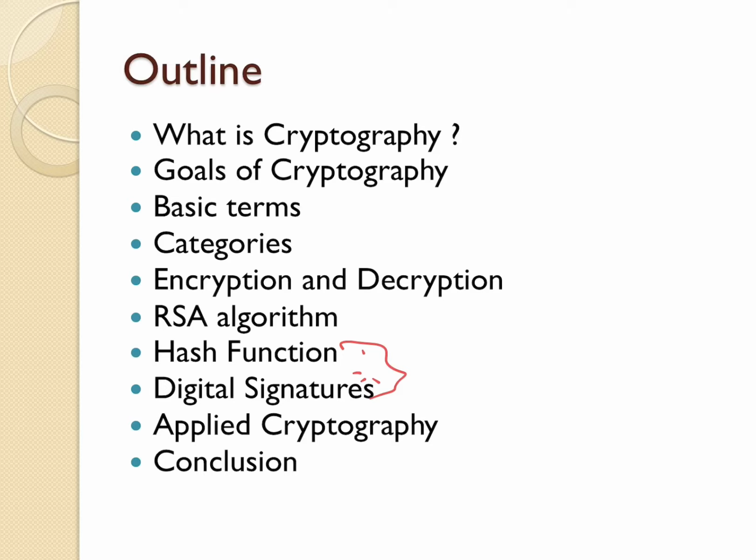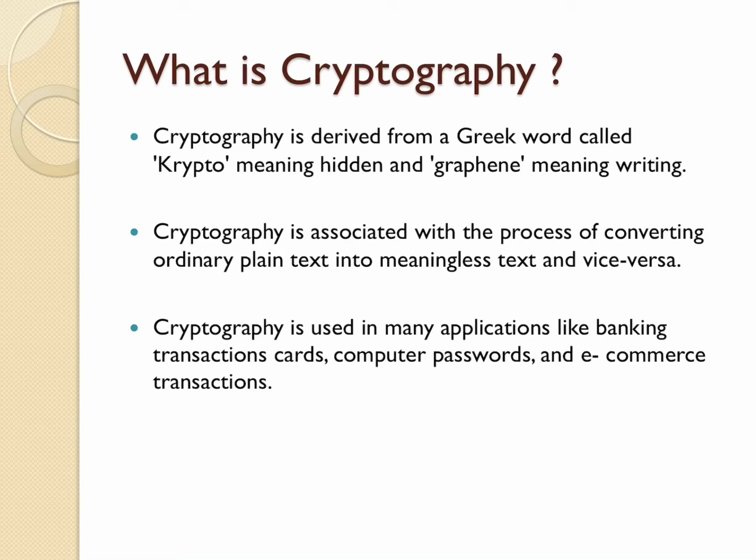I will tell you in this section. Next we are going to see the conclusion of cryptography. At the end of this presentation, you will have some basic ideas about cryptography, all about the encryption and decryption process.